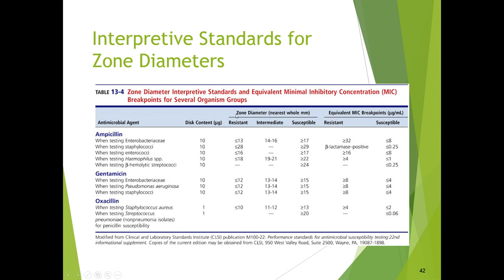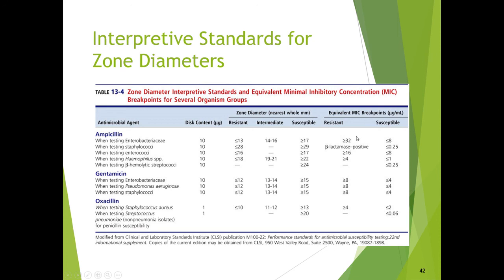Well, here's our zone diameter. So this is for disc diffusion. So I would use these parameters here, and 26 is greater than 17. So that would correlate to a susceptible interpretation. If I was doing MIC testing, I would use this side of the table.